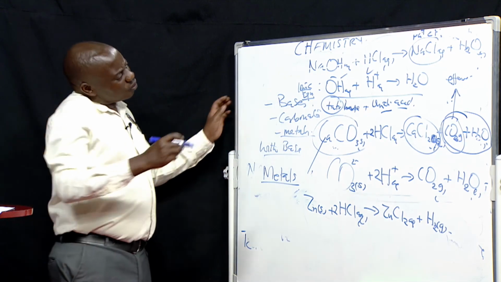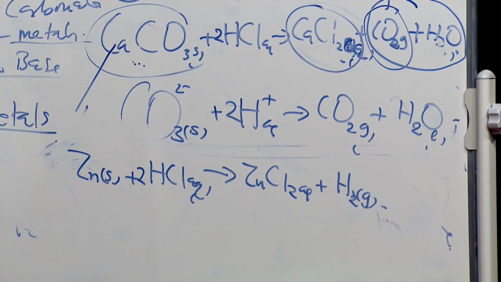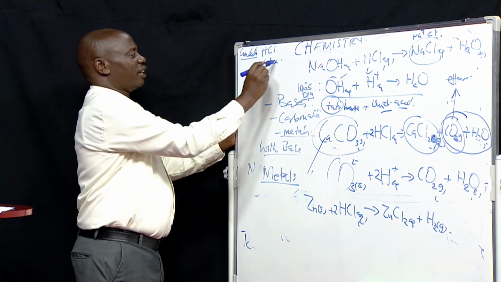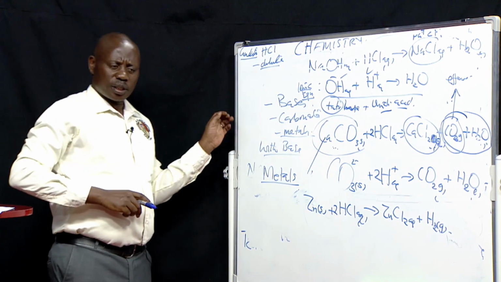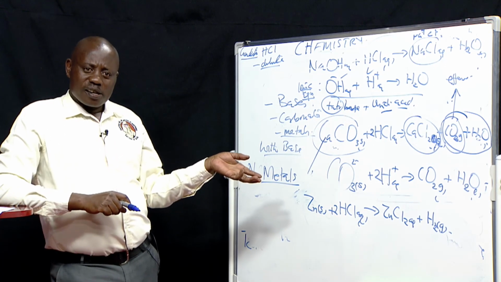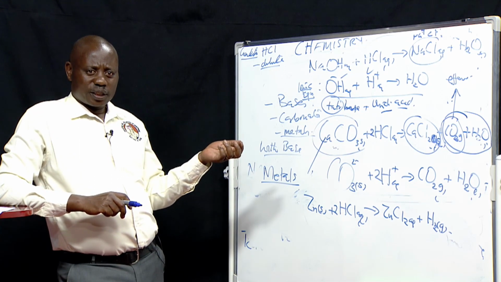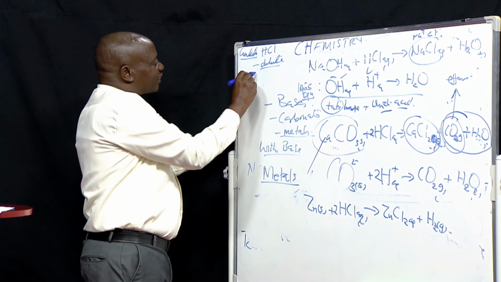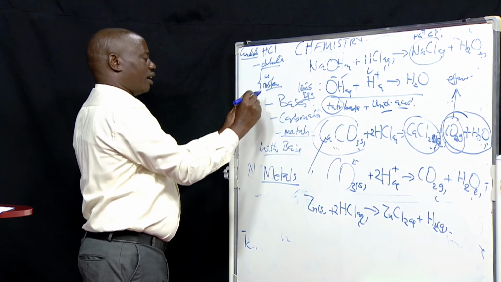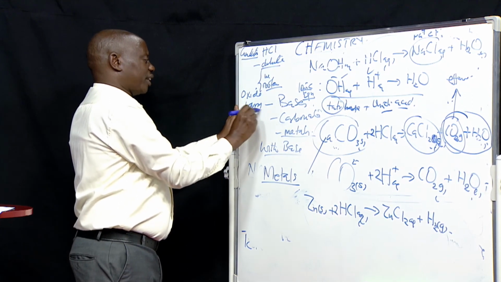Now, in all of these things, we need to look at conditions. For hydrogen chloride to behave as an acid, it must be dilute. That is a condition, in order to react with the base, the carbonate, or the metal. Then, with the carbonate and the metal, it must be at room temperature. But with oxide, you must provide some heat.